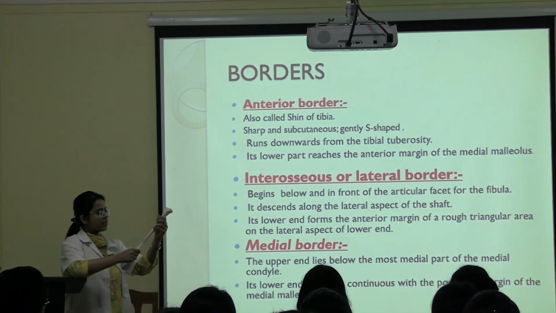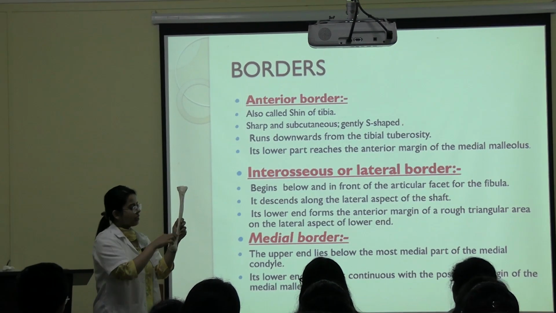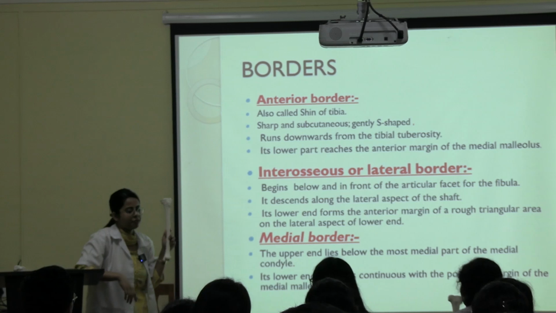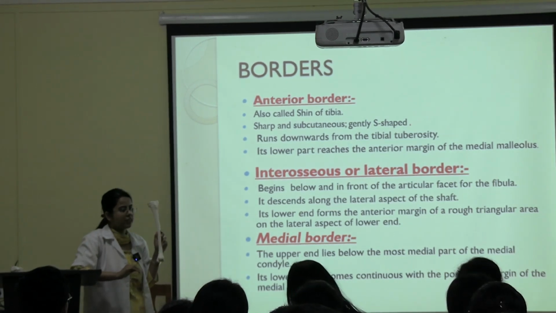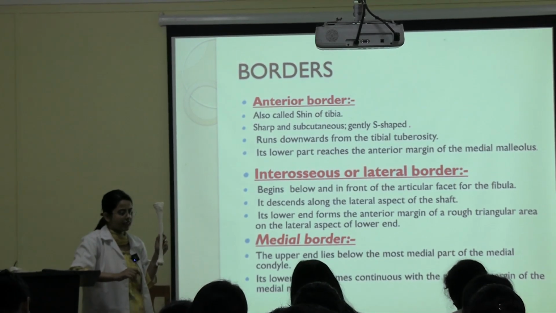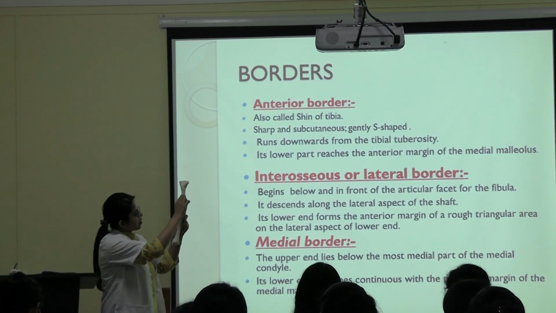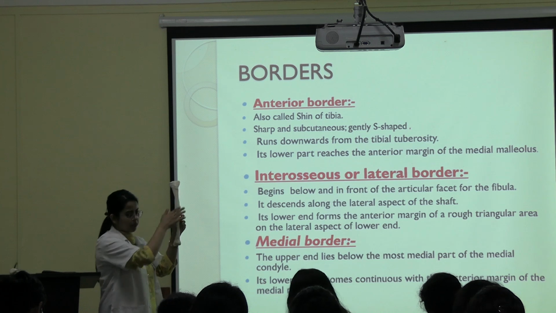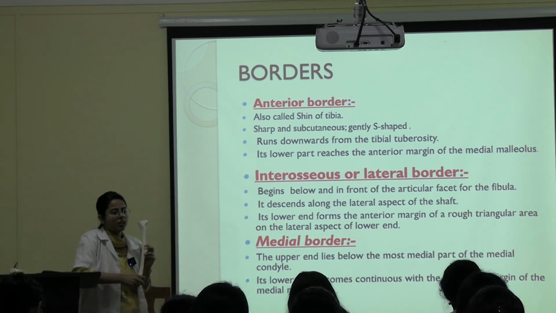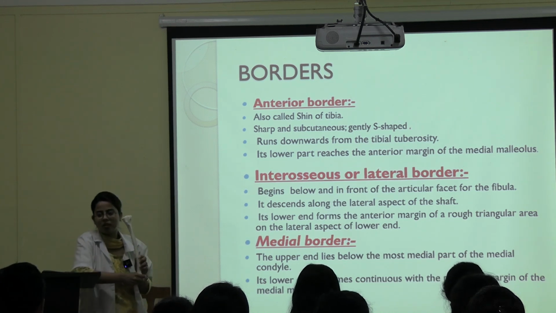Now you can see the anterior border is also known as the shin of tibia. You can also feel it in your leg. It is the sharpest border, okay. This is S shaped. As you can see, this is S shaped, okay. It is known as shin of tibia. It is the sharpest border.